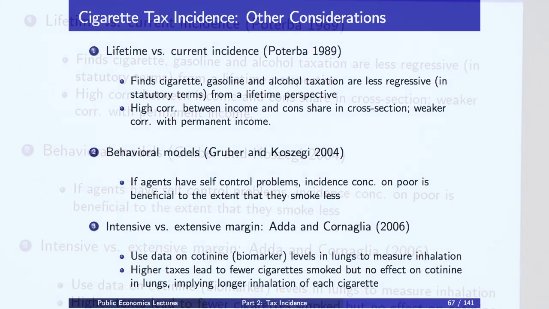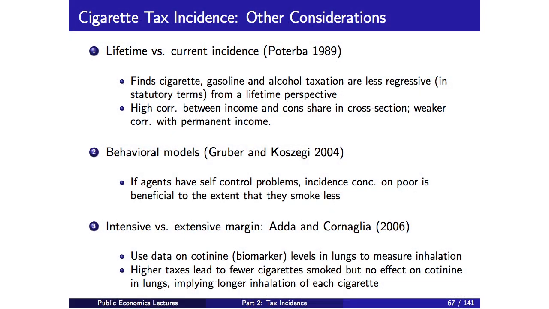Okay, so let's talk about a few other considerations in the context of cigarette taxes before moving on to the next paper. So one thing that people have shown is that in the context of these excise taxes like cigarettes, gasoline, alcohol taxes, and so forth, they are much less regressive from a lifetime perspective than a current income perspective.